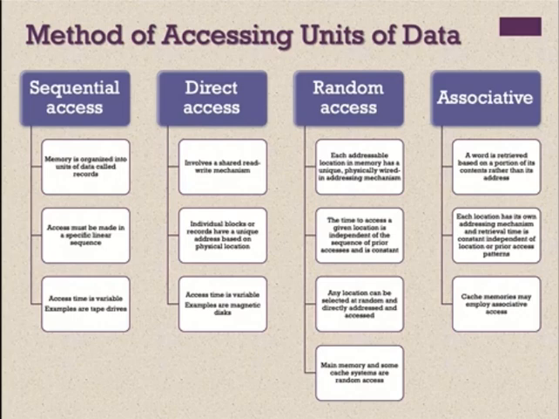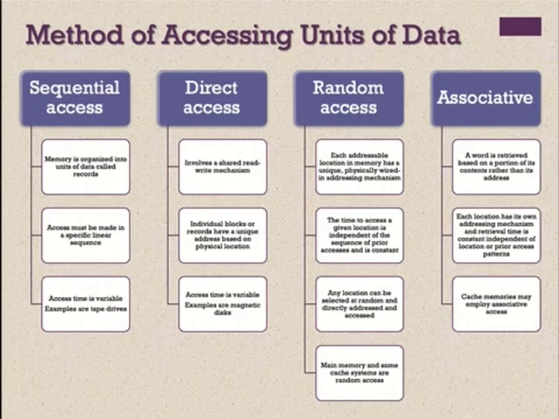Access time for song number 5 is immediate, within a few seconds. And the access time of song number 1 depends on how quickly you can locate the position of song number 1. Similarly, the access time of song number 10 is different, because you are at song number 5 and you have to go forward to access song number 10.